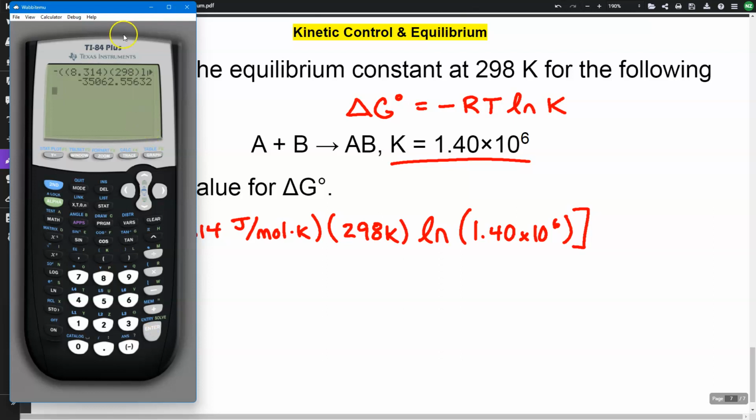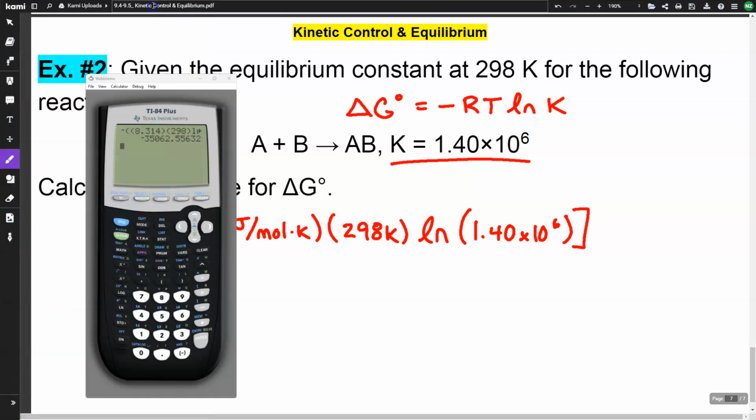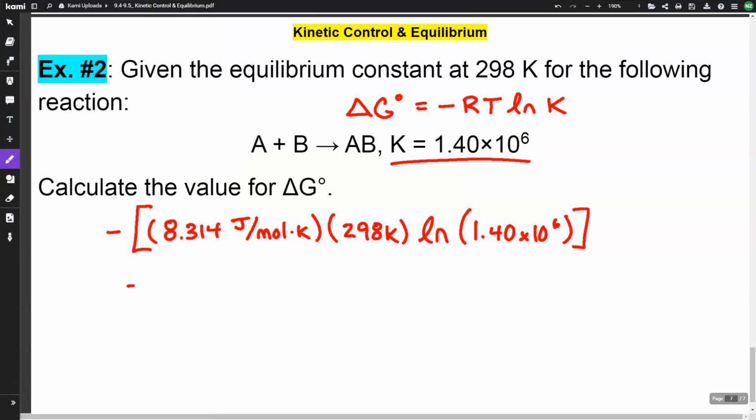There's my answer. That is going to be in joules. So we end up with an answer of negative 35100 joules per mole. And if I divide that by 1,000, I'm going to get kilojoules, so that'll be negative 35.1 kilojoules per mole.